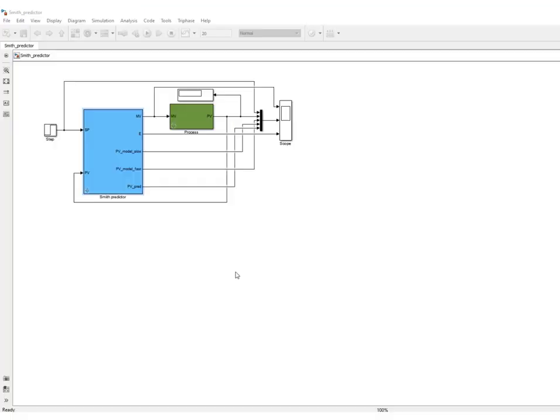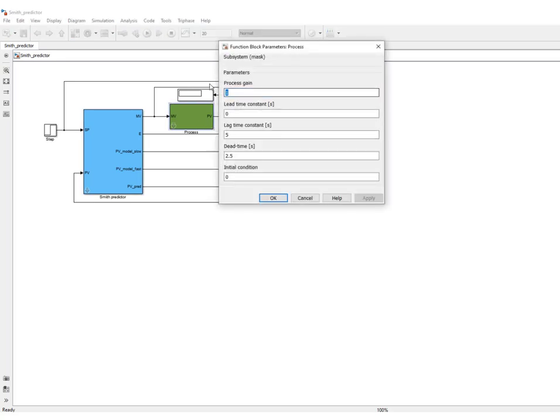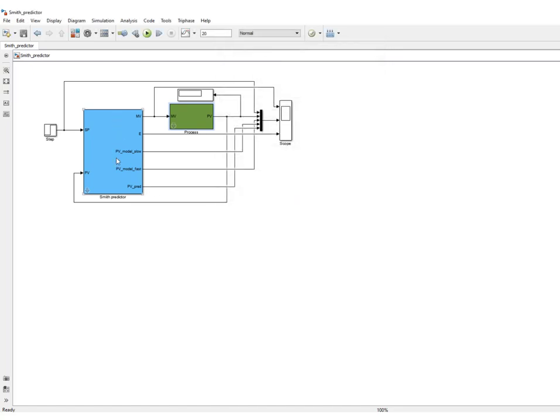Well, on the web page associated to the course, you'll find this Simulink file that will allow you to simulate a Smith predictor on a process and understand the mechanism that is behind this Smith predictor. As you can see, the process has been initialized to the process used in the slides, and here we have the Smith predictor.